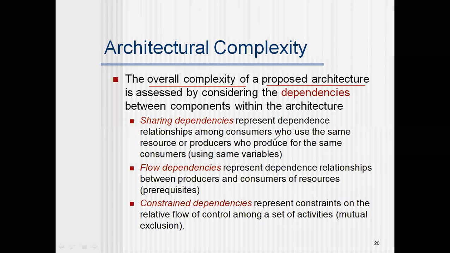Till now I have discussed code complexity, I mean programming complexity. But now in this concept, we are discussing design complexity, which means architecture complexity. How do we find which one is the best one? Based on the complexity, which means architectural complexity is assessed by considering the dependencies between the components within the architecture.